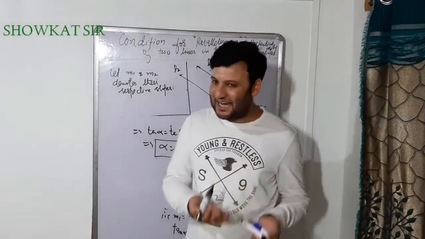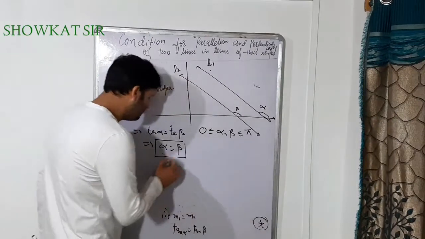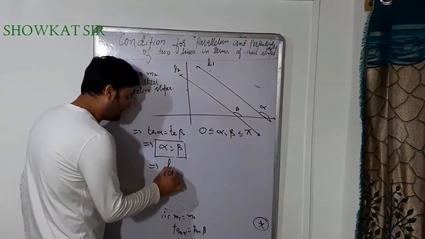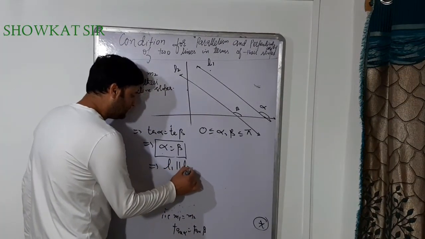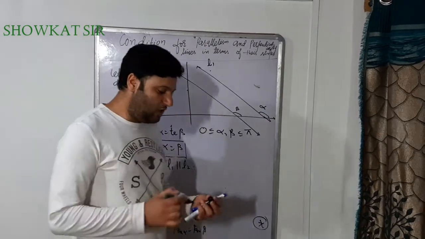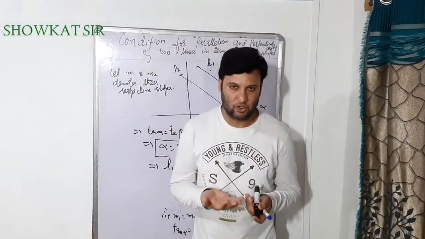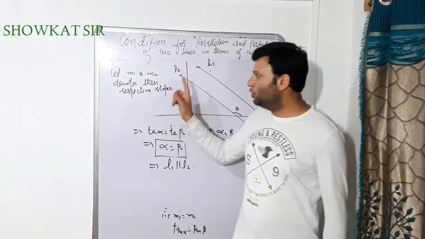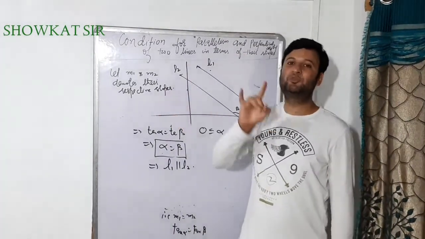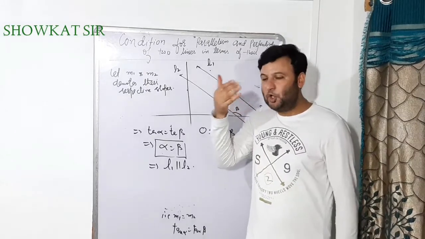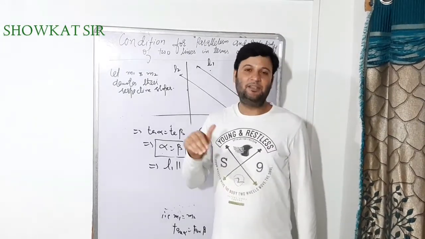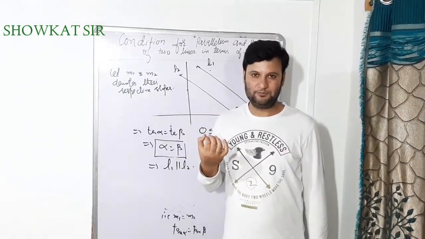When their inclination is equal, it means these two lines are parallel. So this was condition for parallelism of two lines in terms of their slopes. Whenever two lines are parallel, their slopes are equal. Whenever the slopes of two lines are equal, these two lines are parallel.